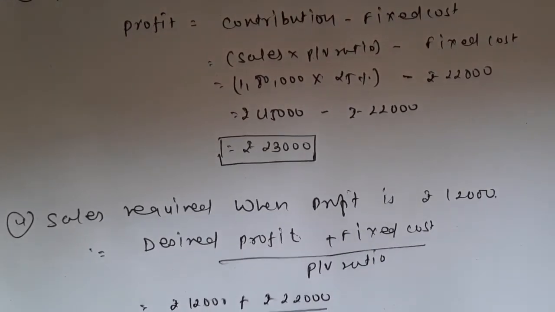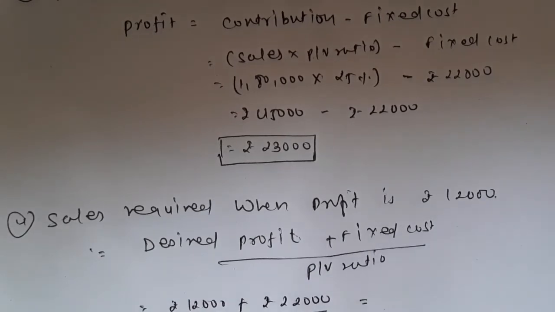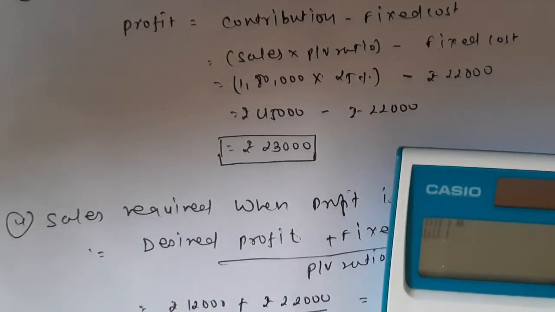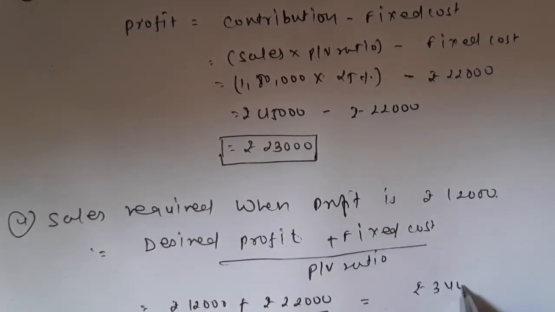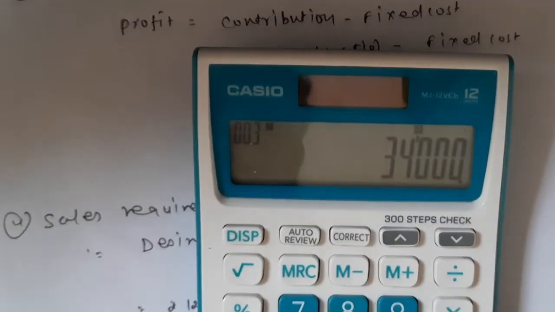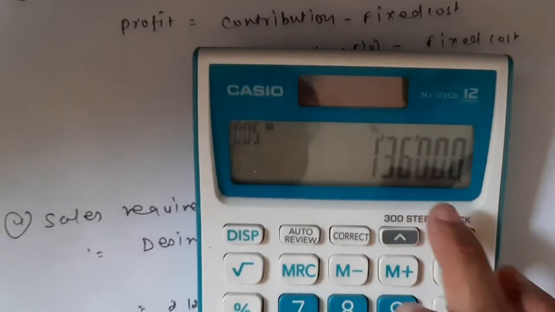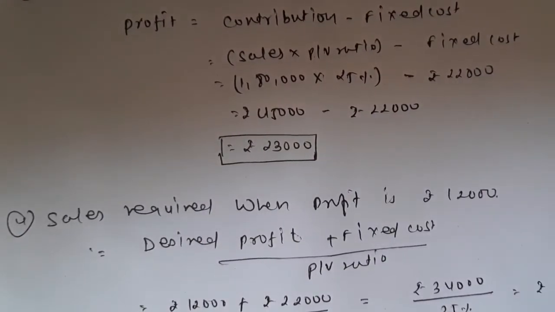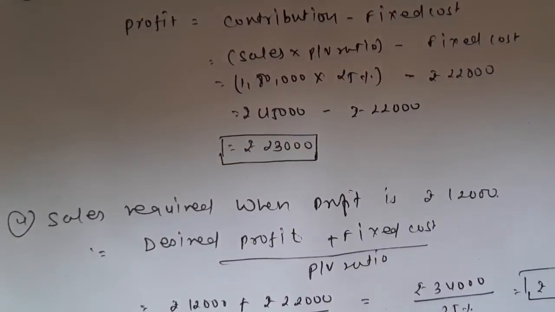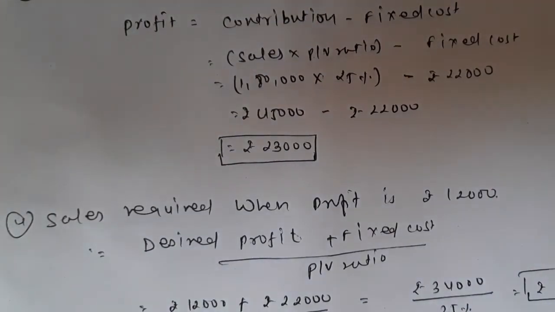It is 25%. Now solve this. 12,000 plus 22,000 is 34,000 rupees. 34,000 divided by 25% is 1,36,000. Okay, so 1,36,000 is our sales when we want a profit of rupees 12,000.